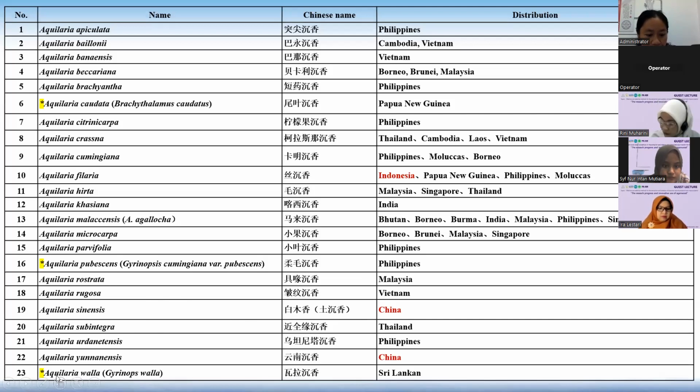Another is Aquilaria yunnanensis, mainly distributed in Yunnan province, and we also call it Yunnan Chenxiang. And in Indonesia, we also have a local species named Aquilaria filaria, and we call it Si Chenxiang.